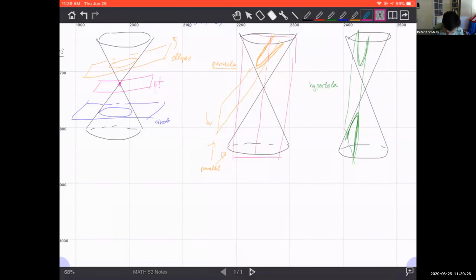It will be a tangent plane to the tip of the cone, with one ray on this side and one ray on that side. Yes, very good. So we can have one line. What else can we do?